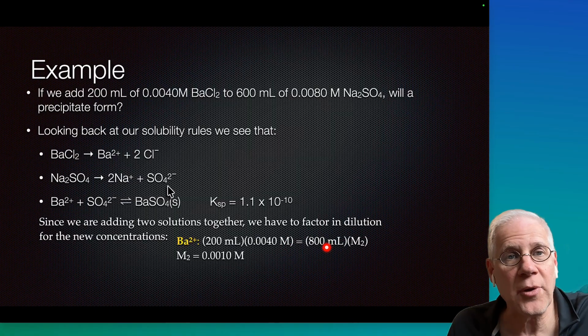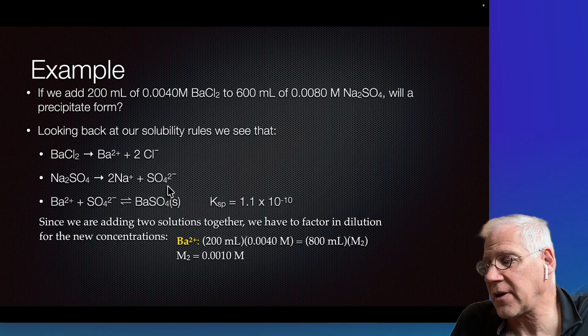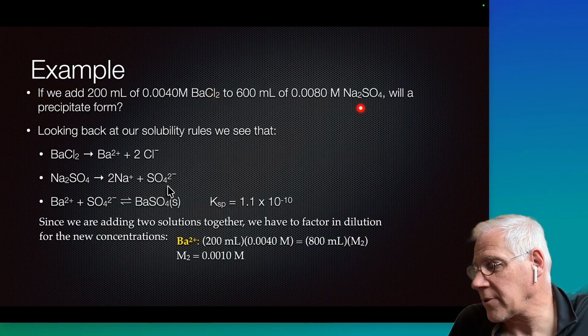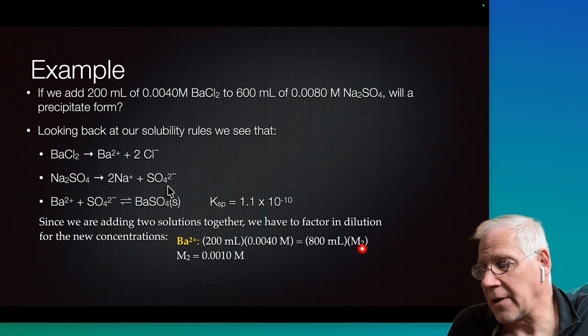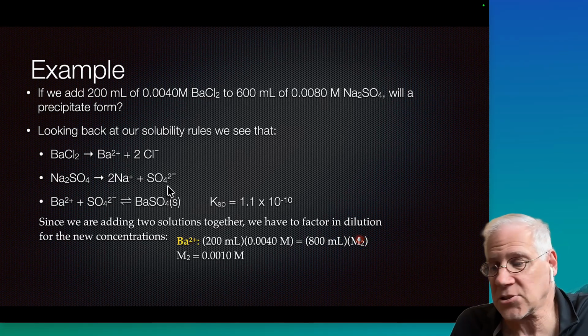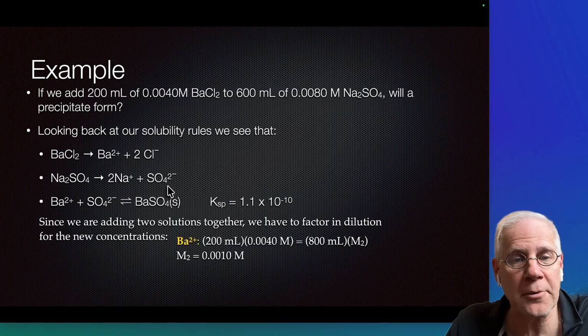That's going to go into 800 milliliters of solution because we have the 200 of barium chloride and 600 of sodium sulfate. I'm going to calculate the new molarity for the barium in that solution. It should come out less because it's being diluted, and it does. It comes out to be 0.0010 molar. So that's the new concentration of my barium.